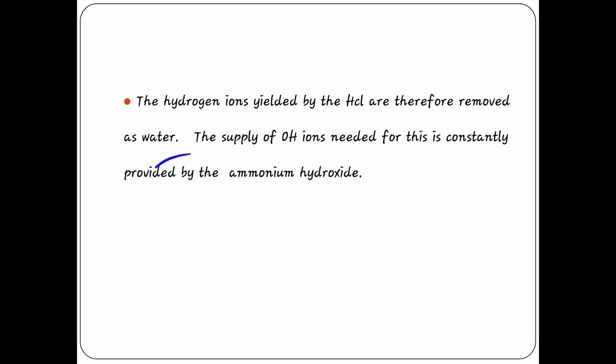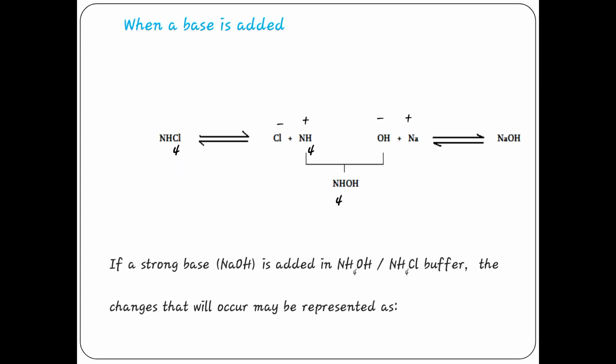The supply of OH minus ions needed for this is constantly provided by ammonium hydroxide.